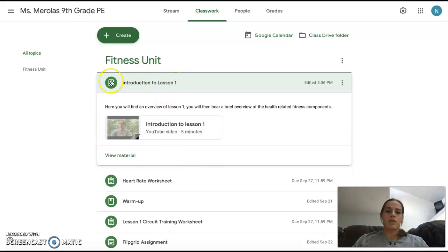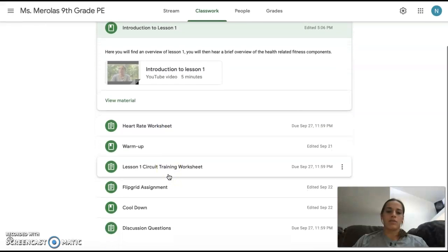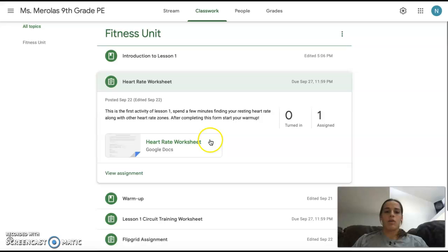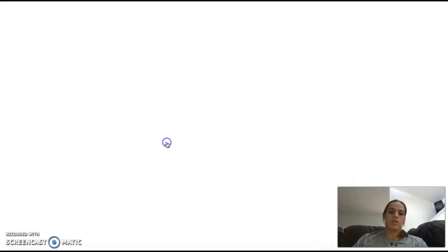After the students click on introduction to lesson one, they will watch a video and then they will go to our heart rate worksheet. So here I have a heart rate worksheet, which will be the students' instant activity. They would start this before doing anything in the circuit training.